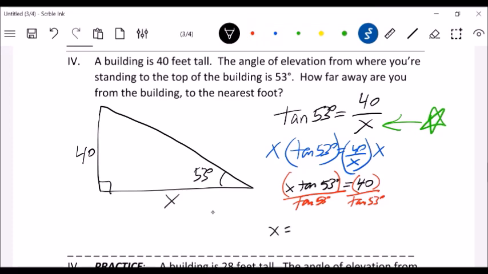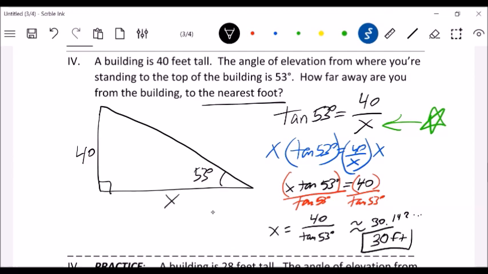So we get that x is equal to 40 divided by the tangent of 53 degrees. And if we put that in the calculator, that's approximately 30.142 and so on. However, this says very clearly to the nearest foot. So that means our answer would be 30 feet. And that would be how far away you are from the building.